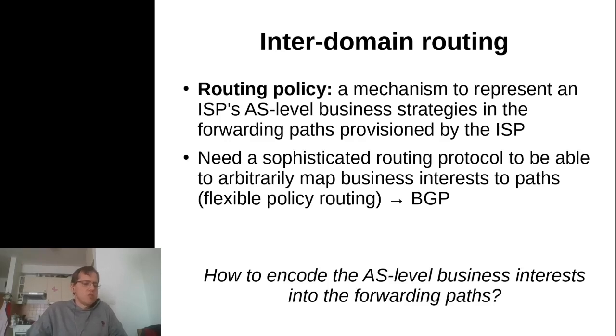So that's why we just stick to this simple view of the internet, where the internet will be made up by EBGP itself. And in this context, we are going to talk about routing policies, which will be the mechanisms to represent the particular autonomous system's business strategies in the way forwarding paths are provisioned by an AS.